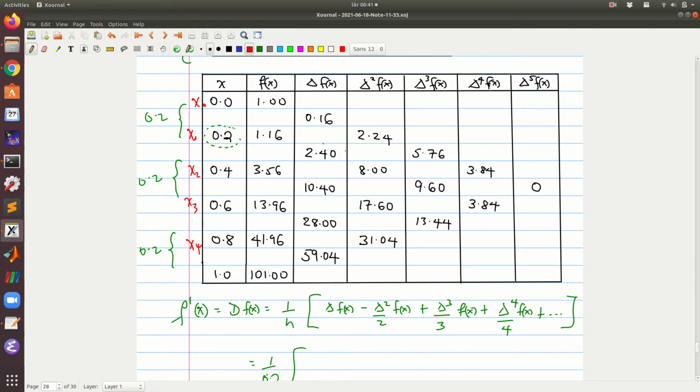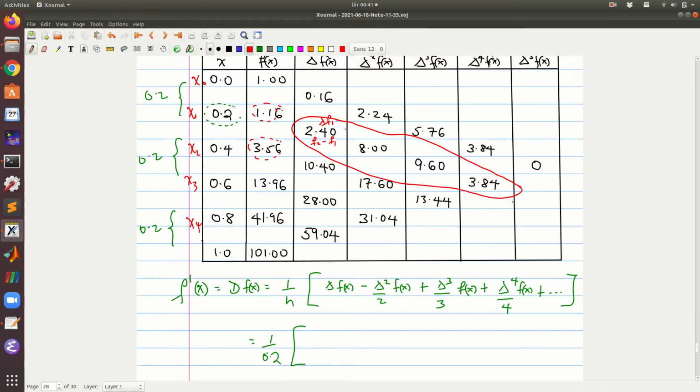So what would this value here be? This would be the first forward difference evaluated at the point x1, because the first forward difference here, remember, is given by f of 2 minus f of 1, this value minus this value. So this is the first forward difference we pick, and then we shall pick values along this diagonal as the forward differences we are going to use.